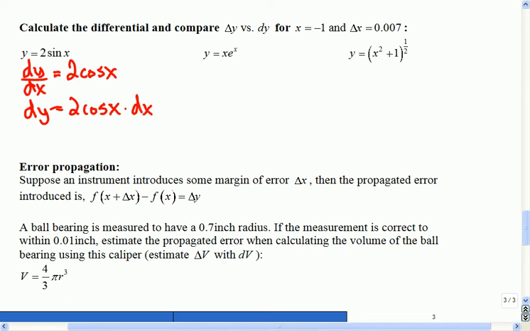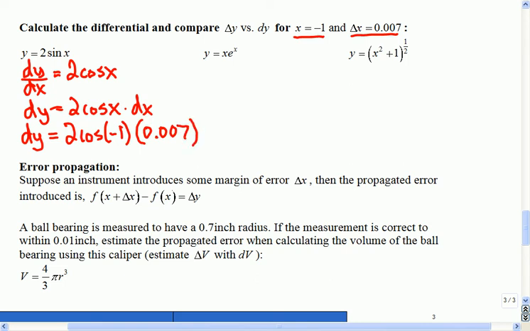And the scenario that we're using for all of these questions is x will be equal to -1, and the amount of change I'm introducing is 0.007. So dy, my differential that approximates how much the function is going to change, will be 2 cosine of -1 times 0.007.